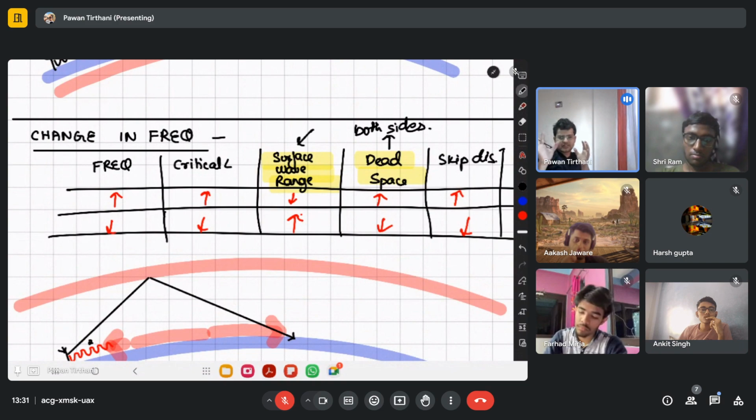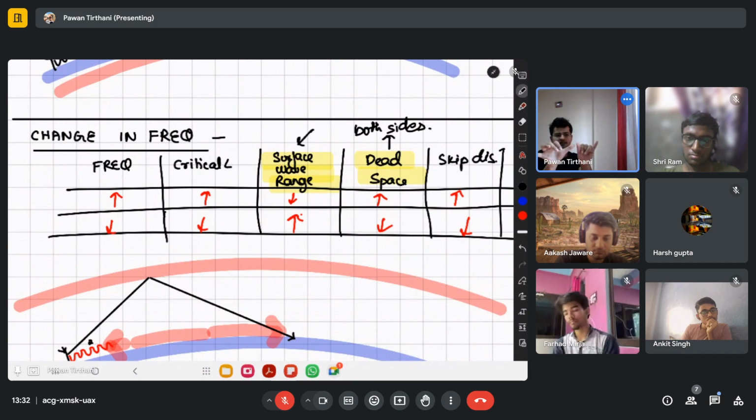See, this is the transmitter over here, and the surface wave extends from here to here. So this much is the surface wave range, and beyond it is the dead space. Correct? So if the surface wave range is decreasing, the dead space is increasing.